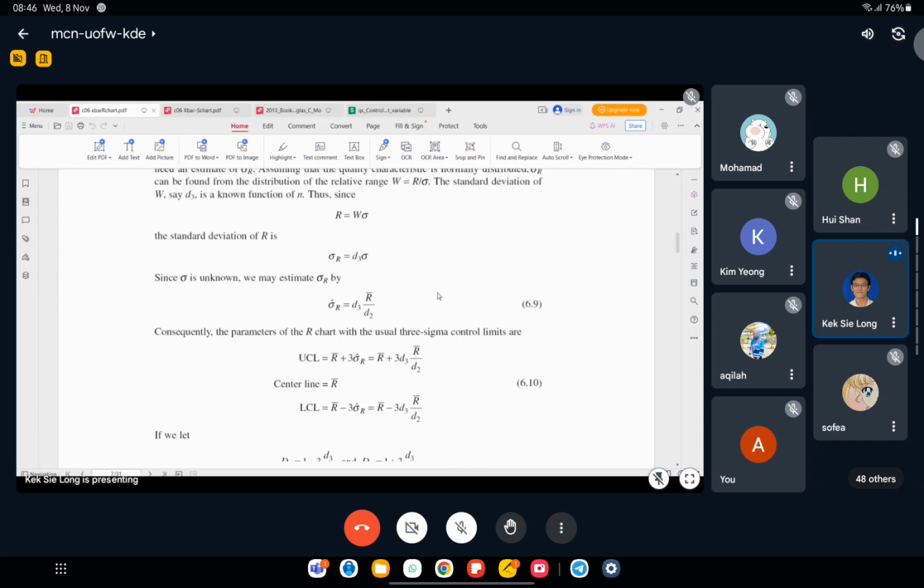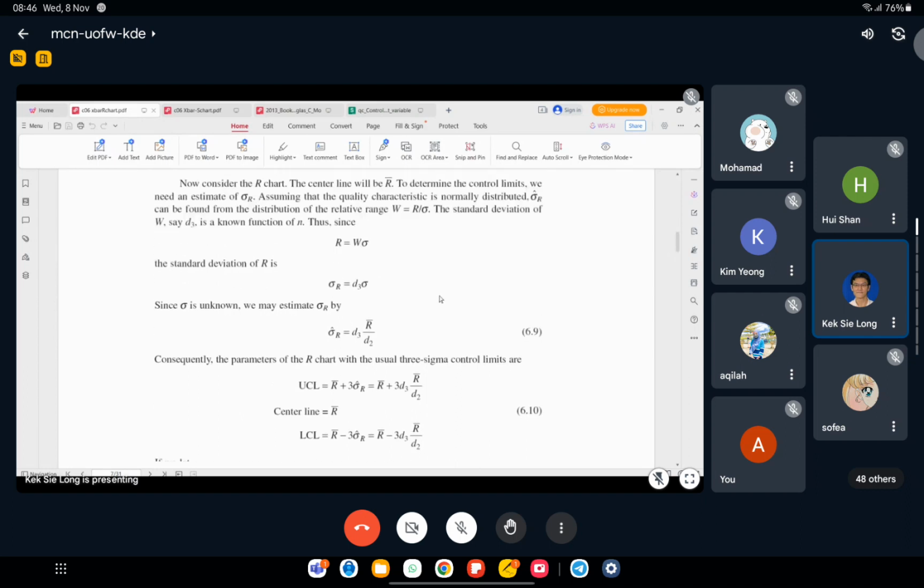I think it's not mentioned in the slide. But you notice that since sigma is unknown, we may estimate sigma R by sigma hat R equal to D3 R bar over D2.